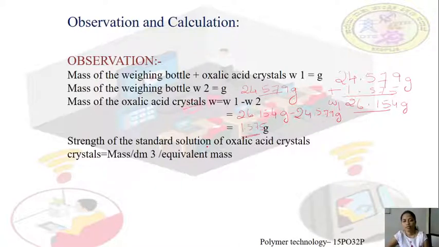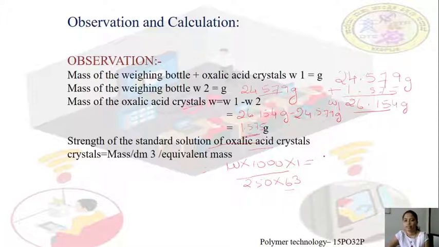Now we have to calculate the strength of the standard solution of the oxalic acid, that is W into 1000 into 1 divided by 250 into 63. 63 is the equivalent weight.